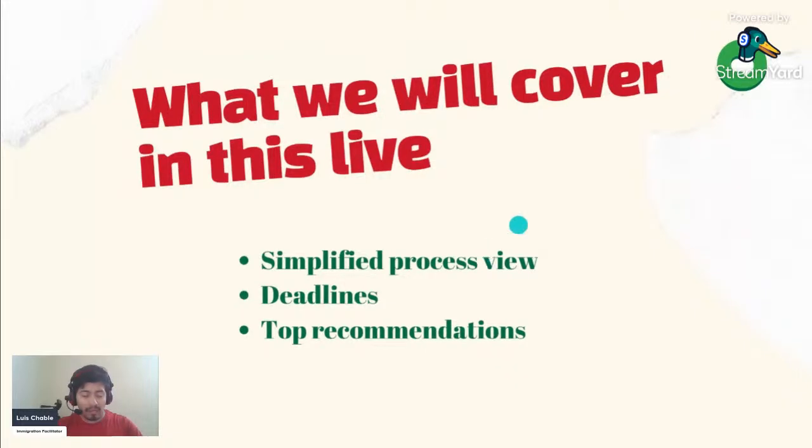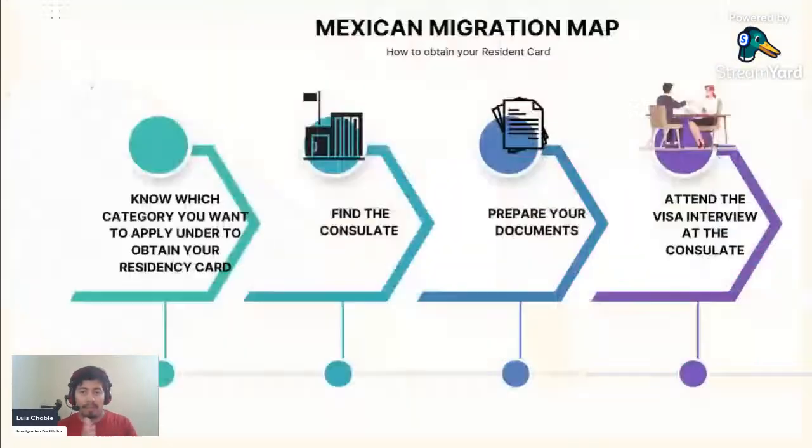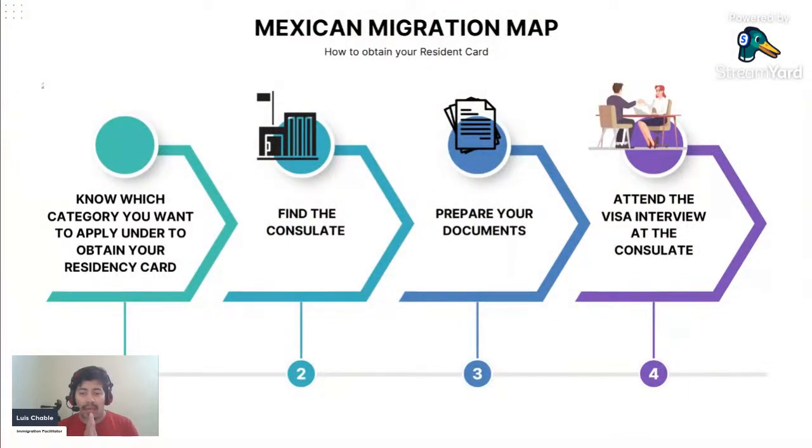But I'm going to explain that more on a different page. This is the Mexican migration map. It's missing two points, but in this part, I'm going to show you these steps.